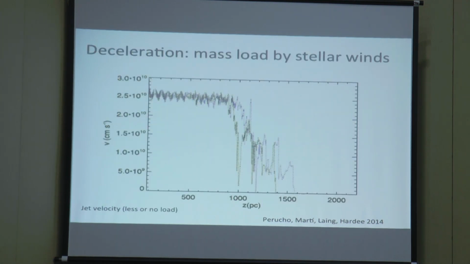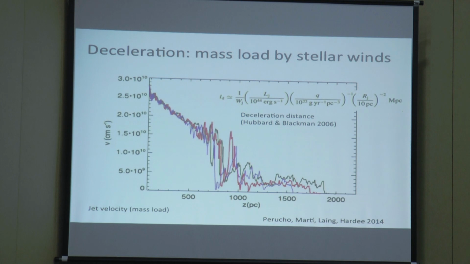For simulations without mass load or with a small mass load rate, the jet velocity, in centimeters per second, is basically constant down to the interaction with the ambient medium or disruption by the growth of instabilities. In contrast, if you have a relatively important mass load, the velocity goes down continuously.